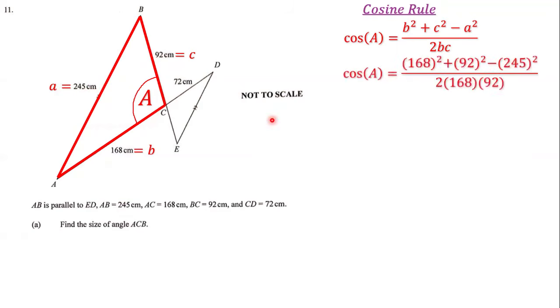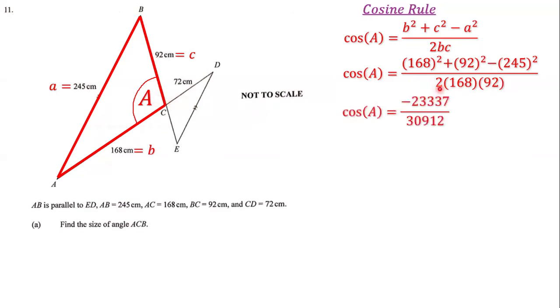So we substitute: small b is 168, small c is 92, and small a is 245. We need to figure out what capital A is.